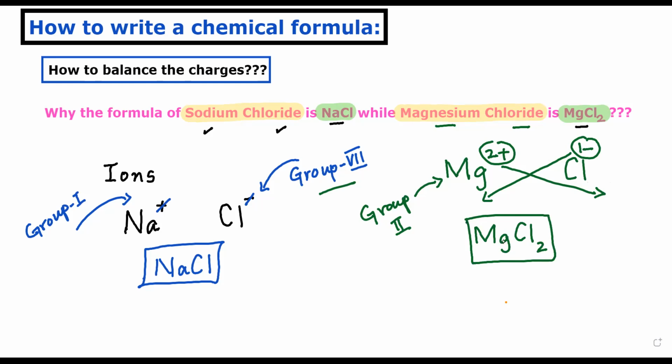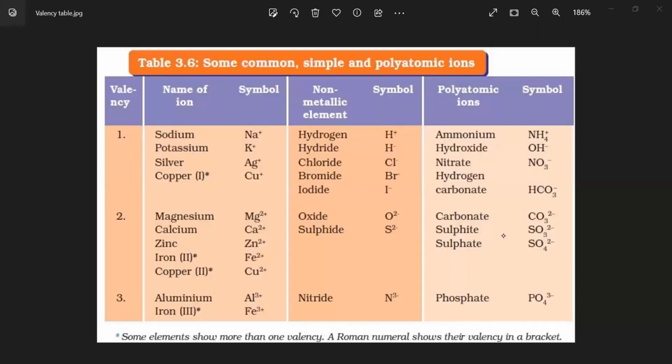Let me show you the valency table, where you will understand better how we balance these charges. Yes, this is the valency table. Here we have ions: these are all positive ions, these are metallic ions, and these are non-metals, because we know one ion will be positive and one will be negative.